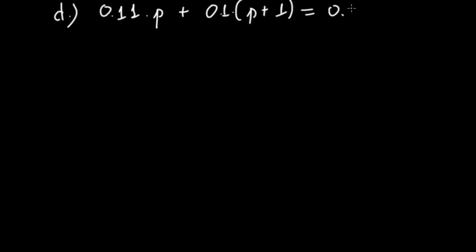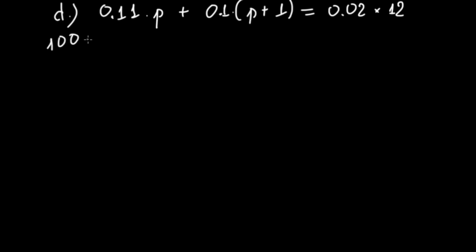Let's take a look at question D. 0.11 times p plus 0.1 times (p plus 1) equals 0.02 times 12. First, if you notice that if we multiply both sides by 100, we can get rid of the decimal points right here, and here, and here.